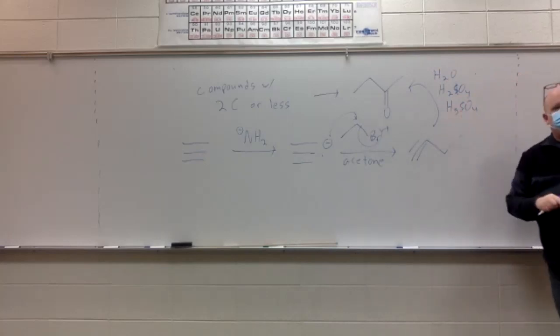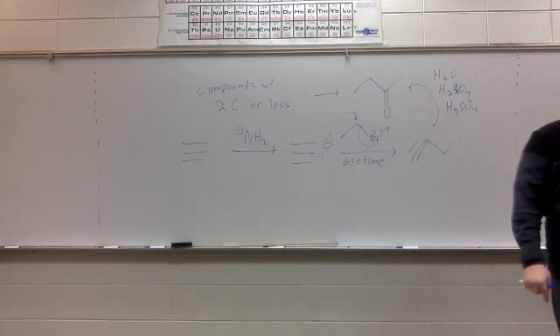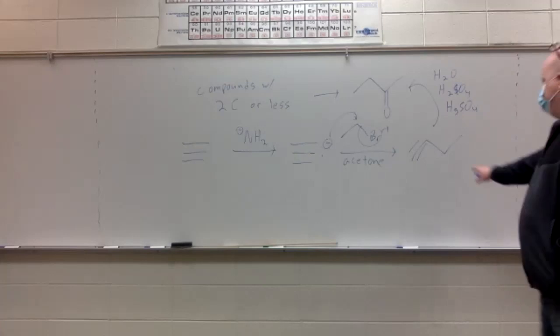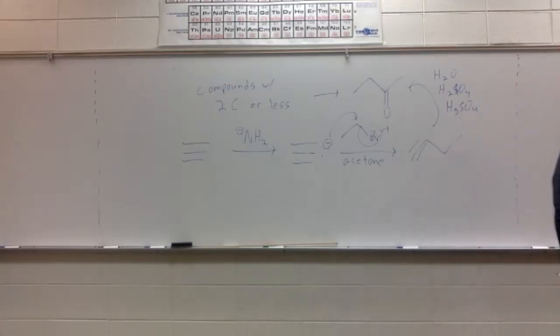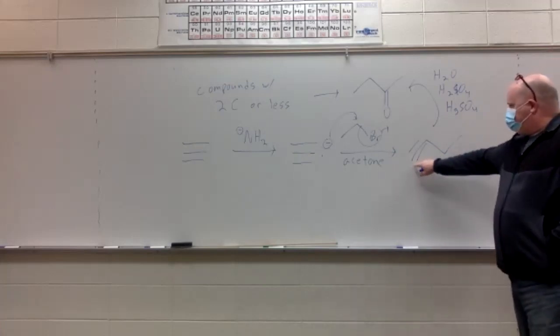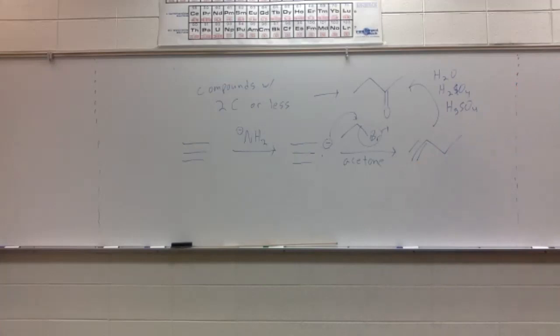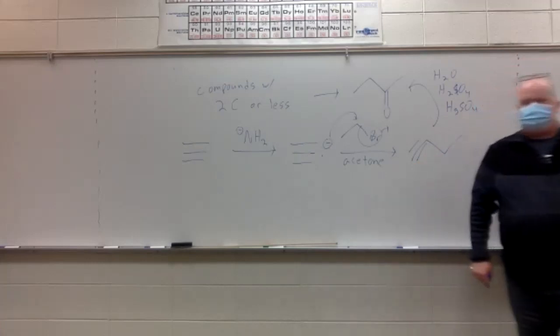We picked hydration here. Why did we pick hydration and not hydroboration oxidation? That also makes a C=O double bond. What would be the problem with doing a hydroboration oxidation of that? Going to an aldehyde. Yeah, hydroboration oxidation would put the C=O in the wrong spot. It would put it on the end and make an aldehyde. So for that reason, you pick the hydration, and there you go.